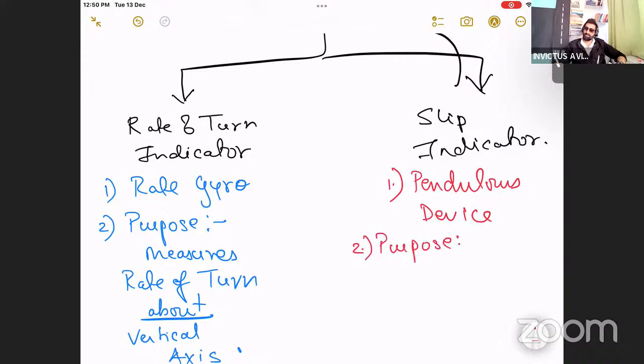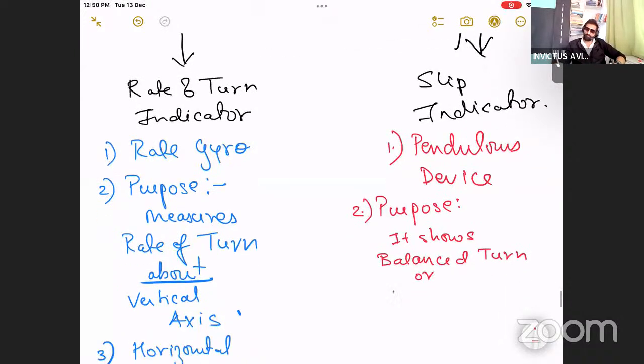Purpose. 3 different phrases, same meaning. Purpose: it shows balanced turn, or amount of slip or skid.